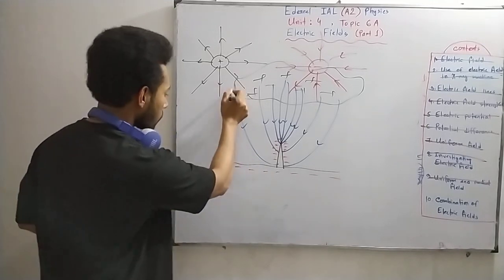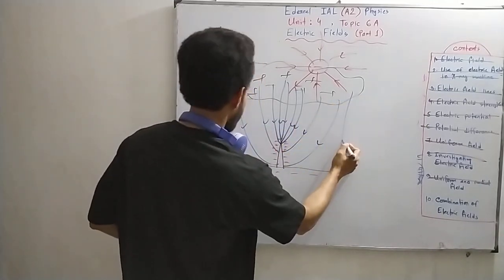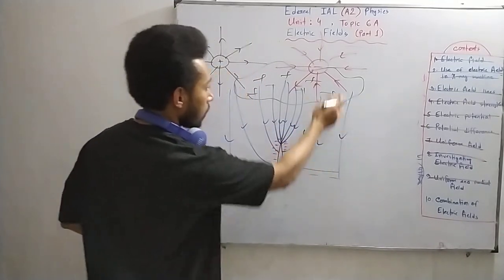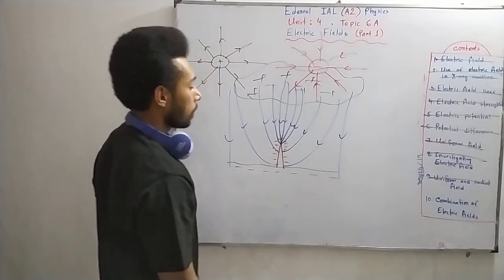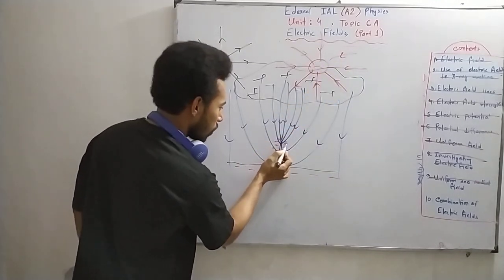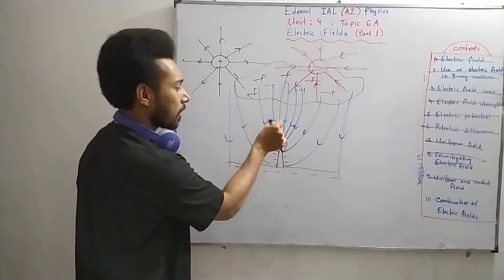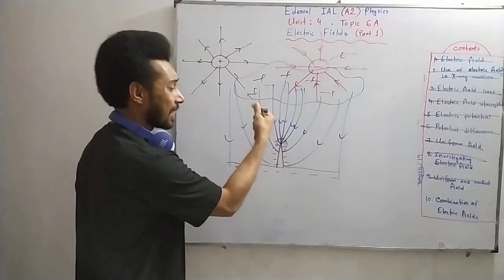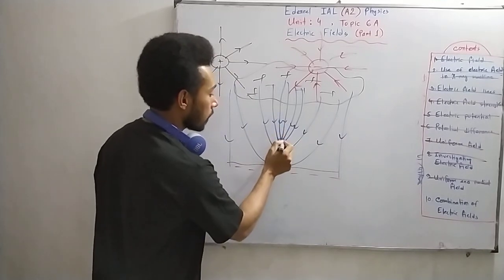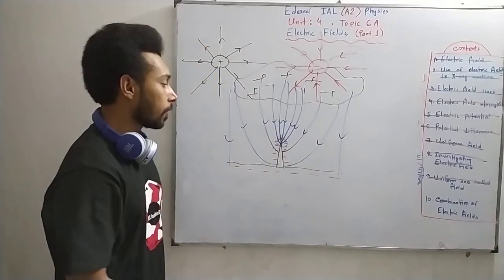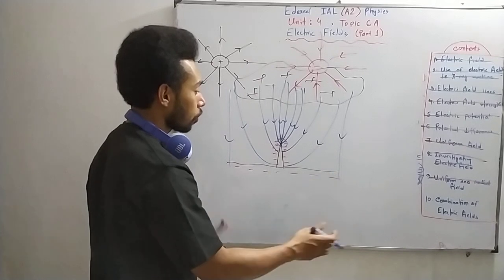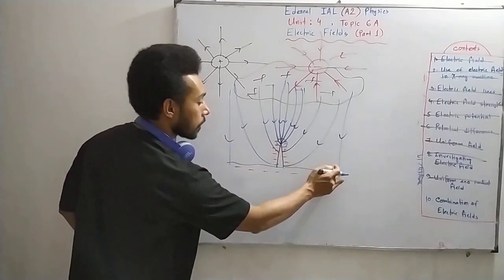Look at this diagram. There is also field from the cloud to the earth, but since the charge is concentrated at the spiked part, the field lines are concentrated as well. The field lines are dense enough, so the field strength at this point is much stronger than other parts of the surface.